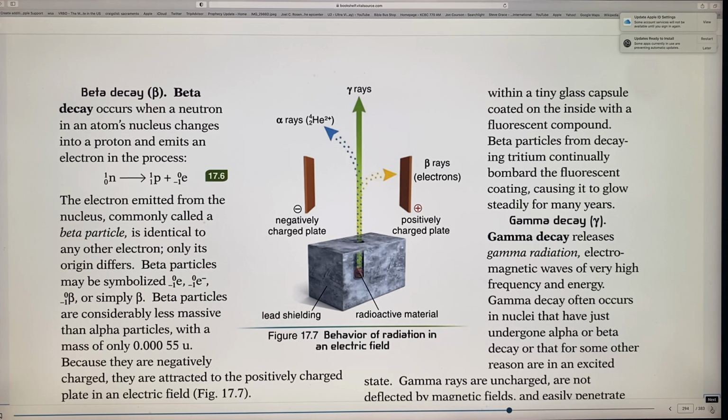So beta decay. That's the other type of decay. Remember, we have alpha, and then we have beta.